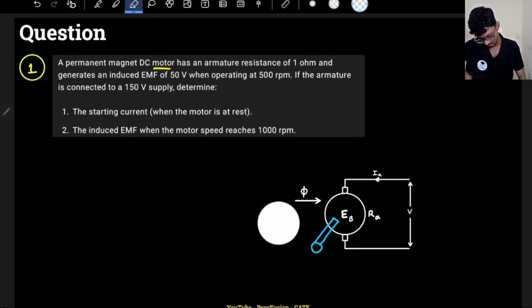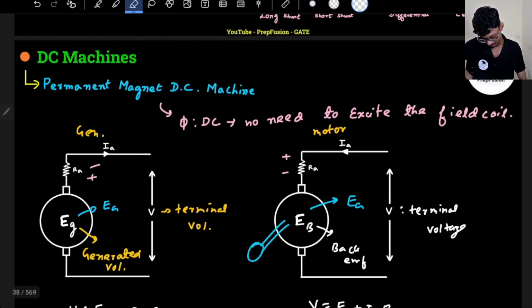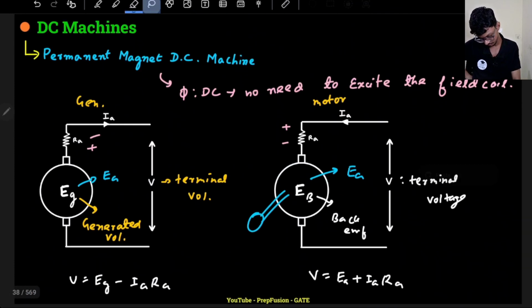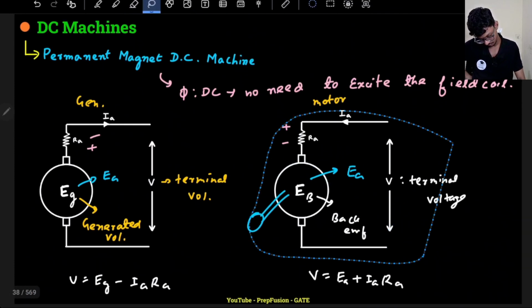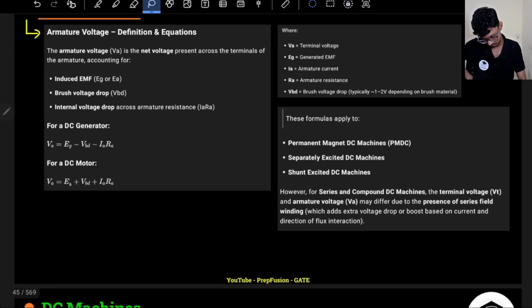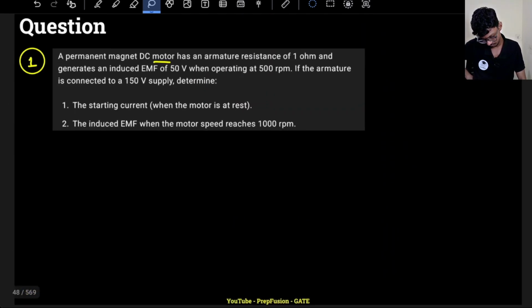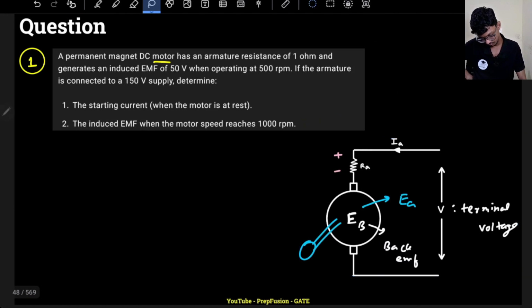So it does not matter, I will not draw this. The armature resistance I have to draw. I will just bring the first diagram. Yes, this one. So this is the diagram.